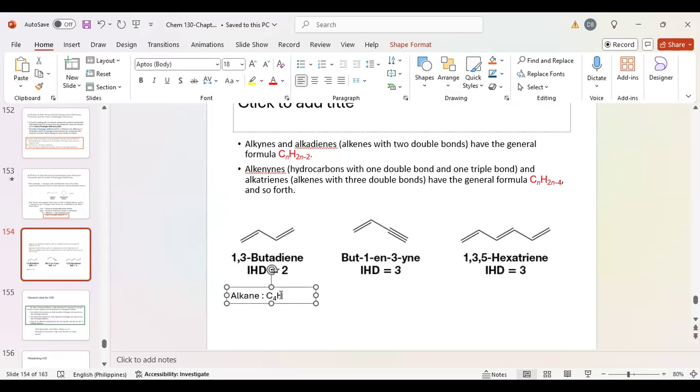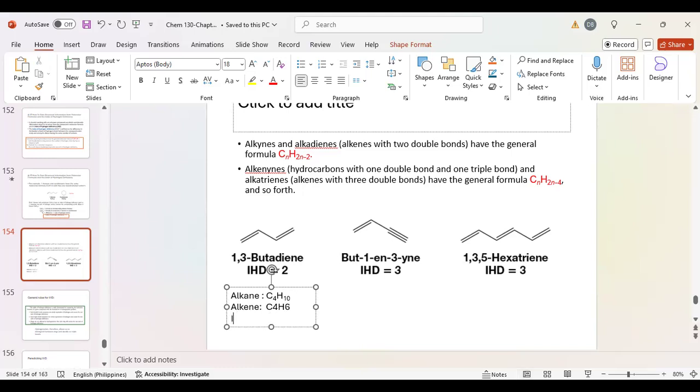Using 2n plus 2, it's 4 times 2, 8, plus 2, so you will have 10. And for your alkene, you still have C4, and the hydrogens here are 1, 2, 3, 4, 5, 6.